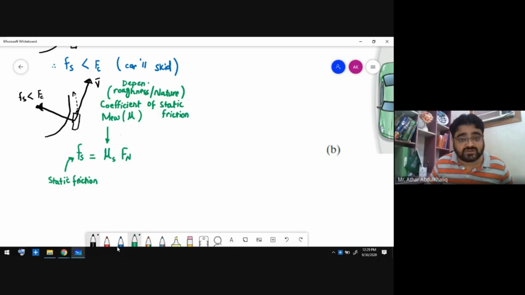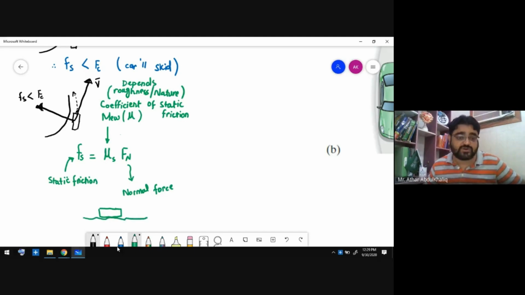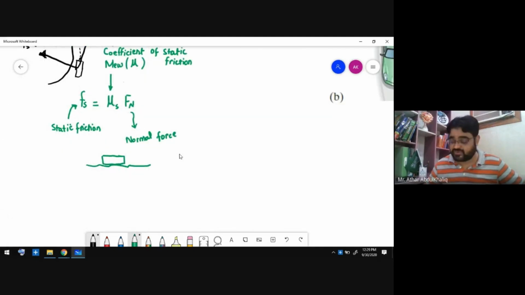So this is one more thing. Now, Fs is equal to mu s times Fn. Fn is called normal force. If you remember Newton's third law, you can remember normal force: something is placed on the surface. What is the direction of the weight?